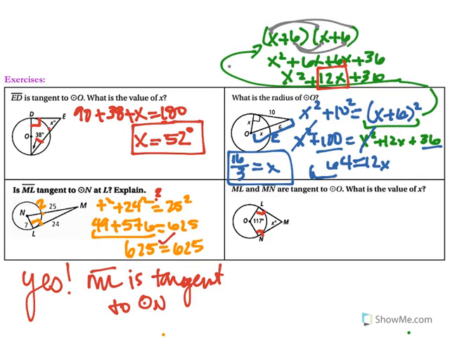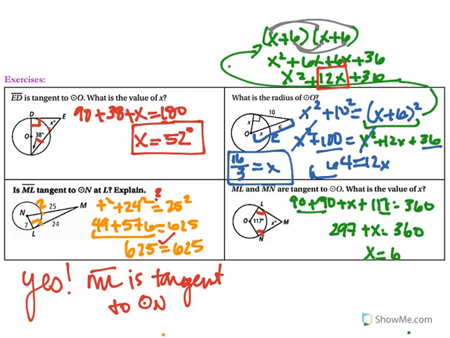Yep, 360. So I'm going to do 90 plus 90 plus x plus 117 equals 360. I add up my constants and get 297 plus x equals 360. I subtract 297, and I get x equals 63.